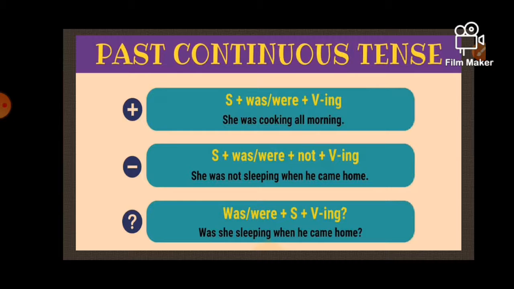In present indefinite, do we go, in past indefinite, did we go, and in future indefinite, will we go. So here auxiliary verb plus subject plus V1 ing, and in an interrogative sentence also there is no change in V1 ing. Was he sleeping when he came home?